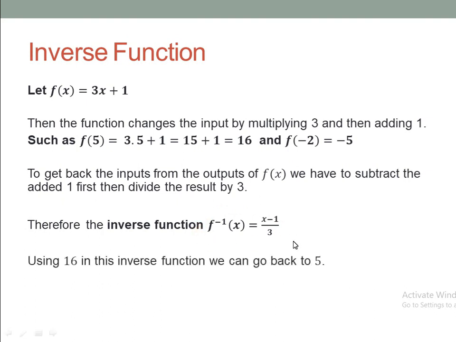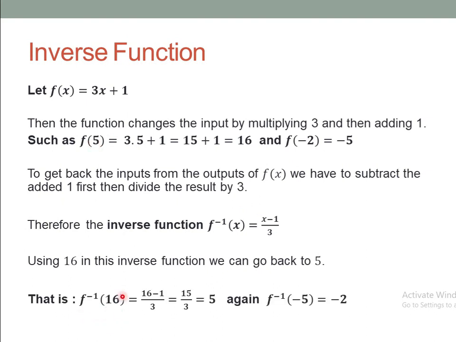For example, if you put 16 in this function, you will go back to 5. f inverse of 16 equal to 16 minus 1 by 3, that is 15 by 3, that is 5.